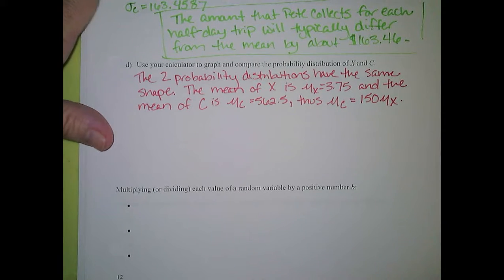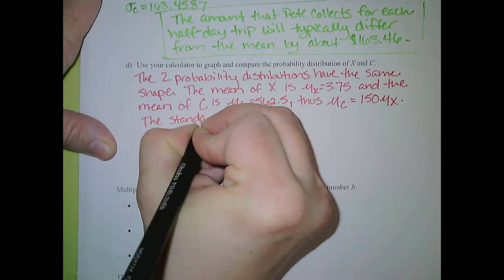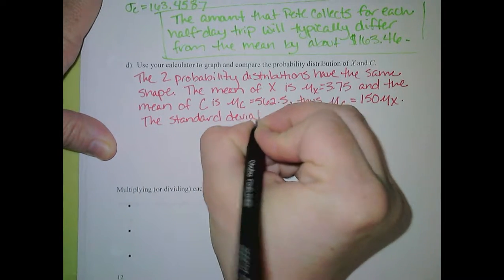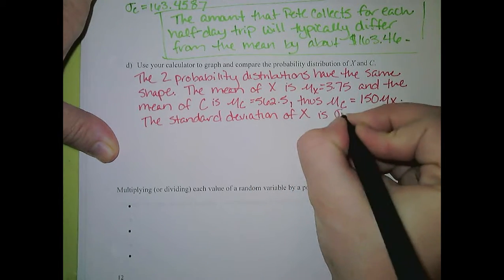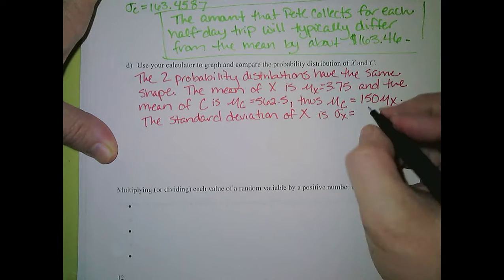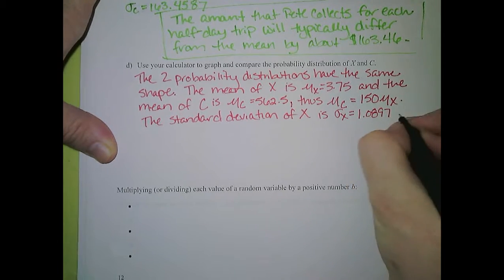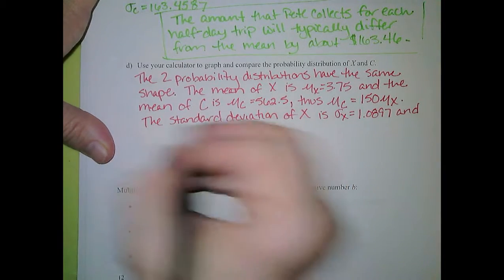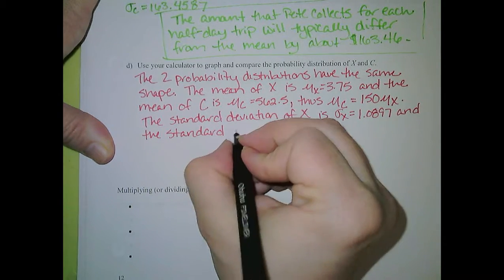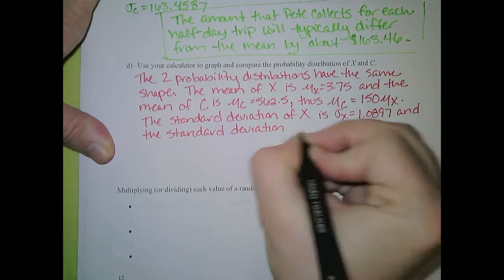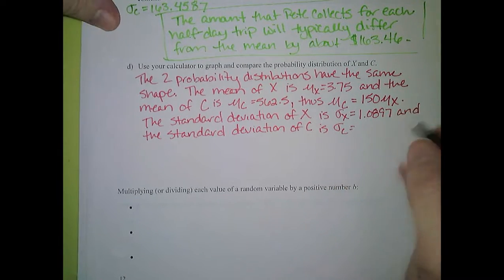If we look at the spread, the standard deviation of X was equal to 1.0897. And the standard deviation of C is equal to 162.46.